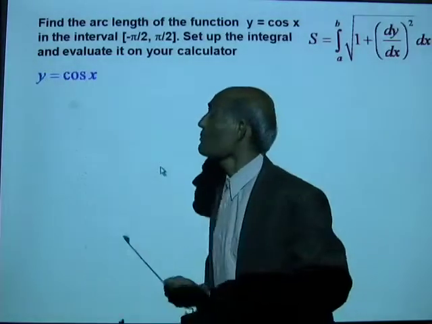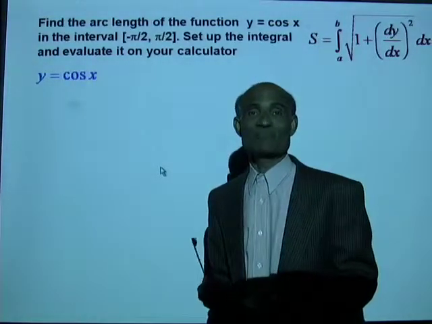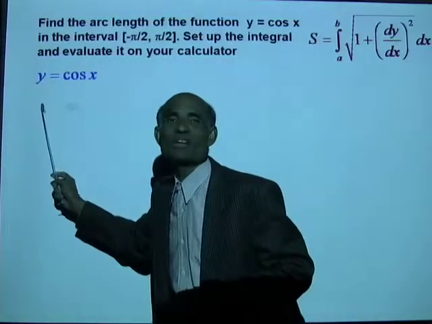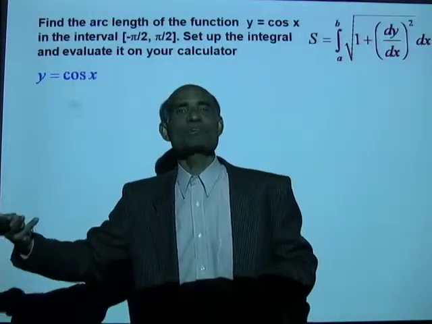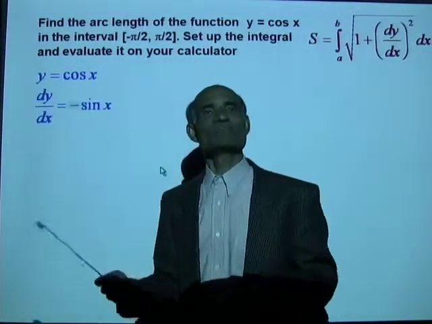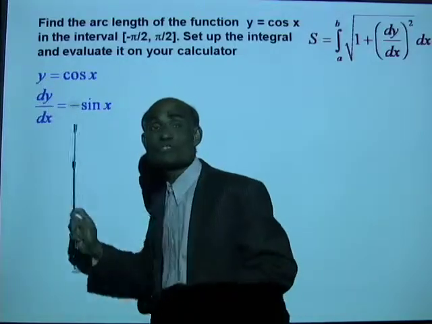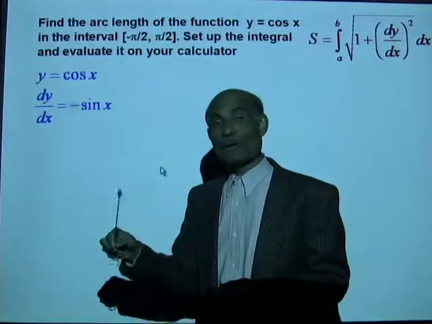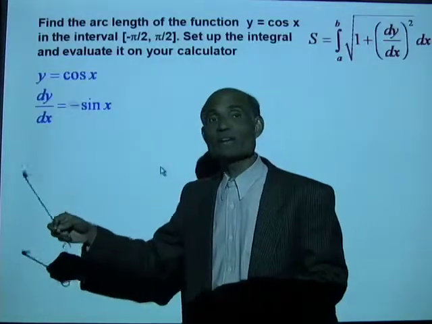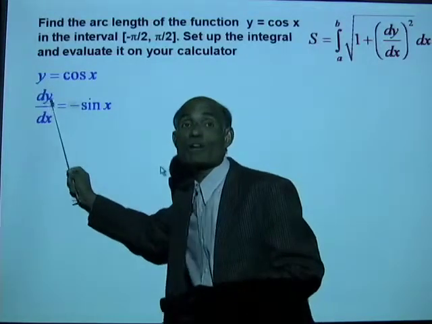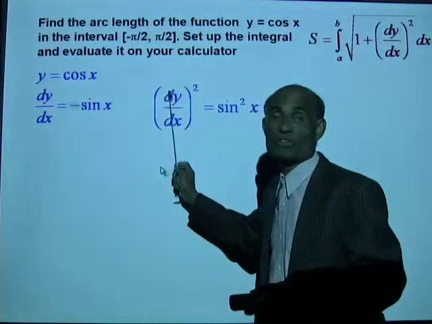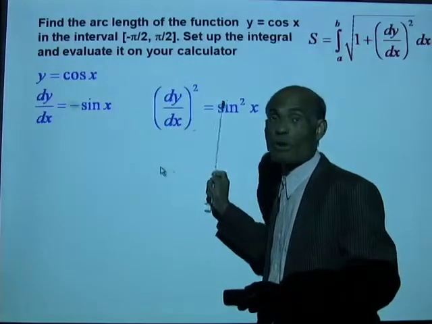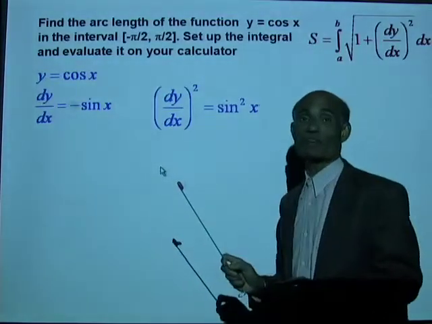So we start with y equal to cos x. Alright, what is dy by dx? What's the derivative of cos x with respect to x? dy by dx is negative sine x. Alright, what's the next quantity we need to find? Find the square of dy by dx. So dy by dx all squared is sine squared x.